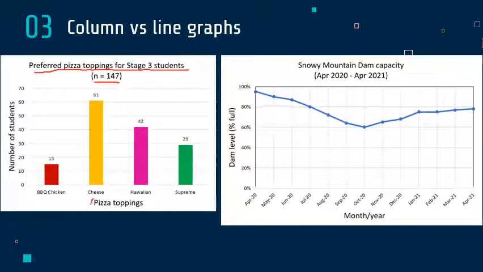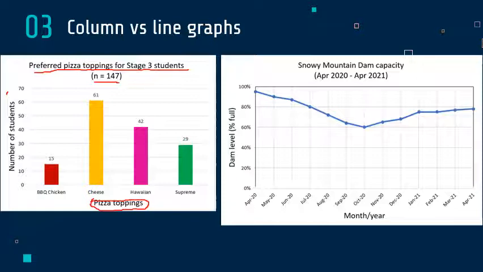Here are my categories on my x-axis, and I've labeled it pizza toppings. Well, the heading here says preferred pizza toppings, so I know this is the pizza topping category down here. And this is the count of the number of students that selected what their preferred pizza topping was.